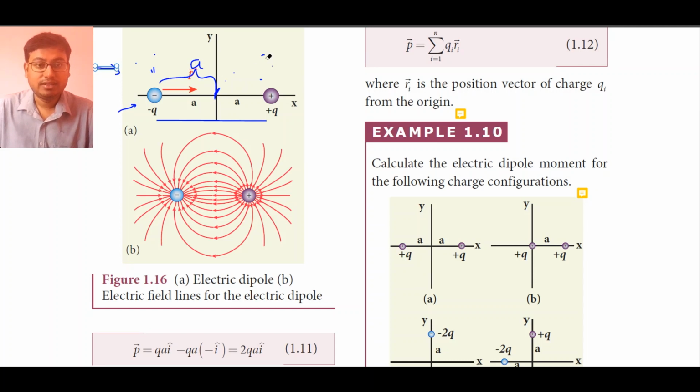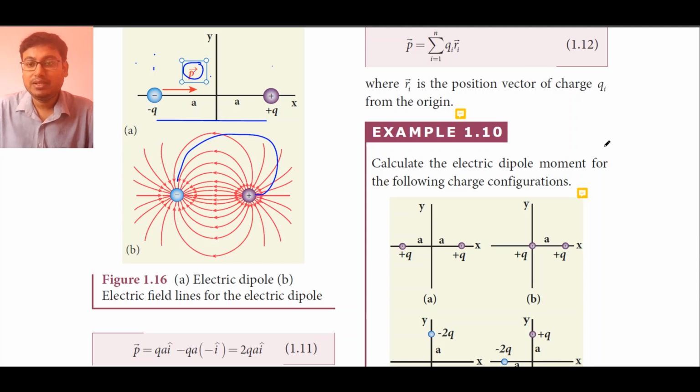On the screen you can see that this red color vector, that is vector p, is the direction of the dipole moment. That means from the negative charge towards the positive charge. As given here, inside the dipole the direction will be from negative to positive, and outside the dipole the lines of electric field will be going from the positive charge to the negative charge.